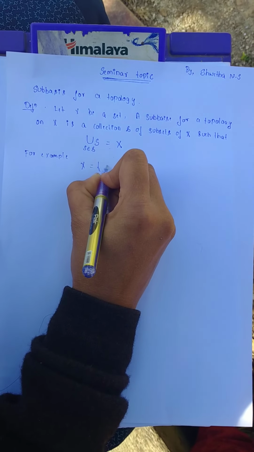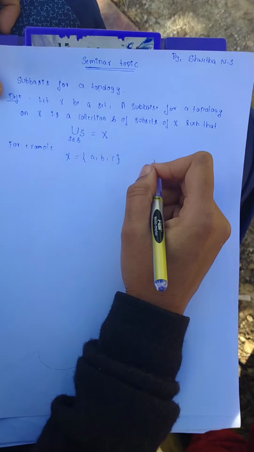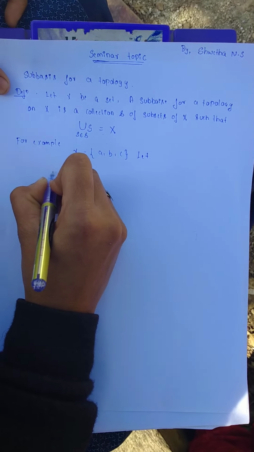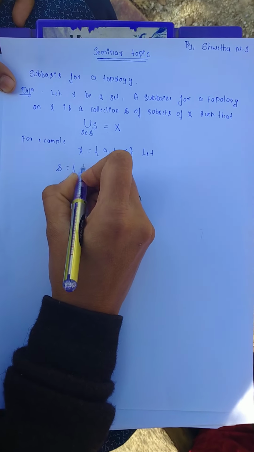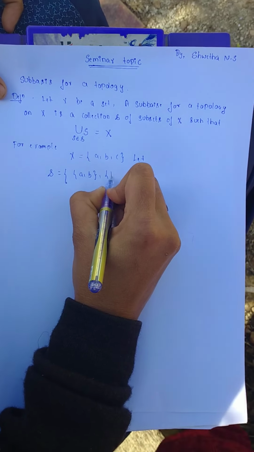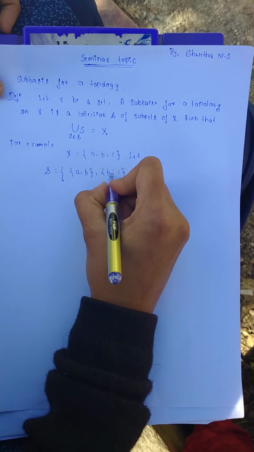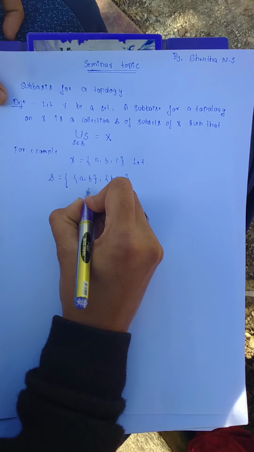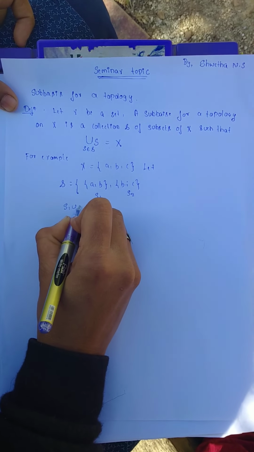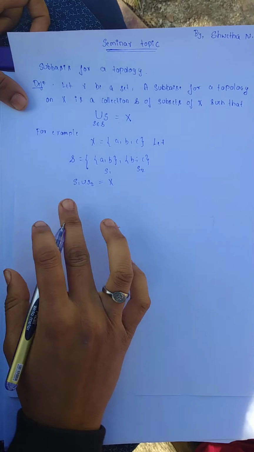X equal to {a, b, c}. Let the collection S be the collection of subsets {a, b} and {b, c}. If we denote them S1, S2, then what is S1 union S2?